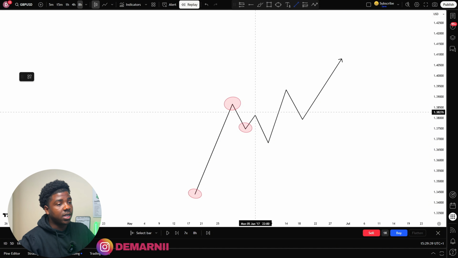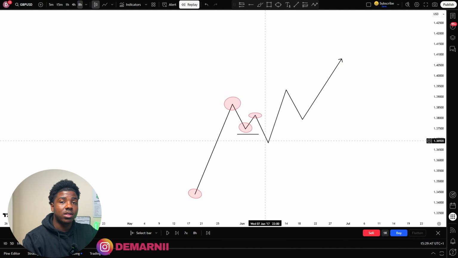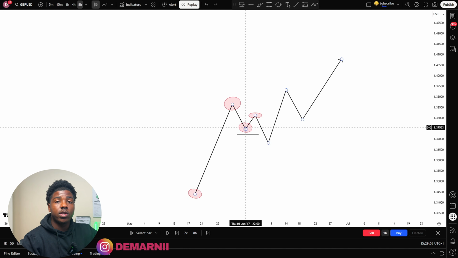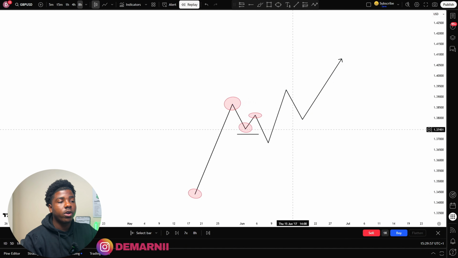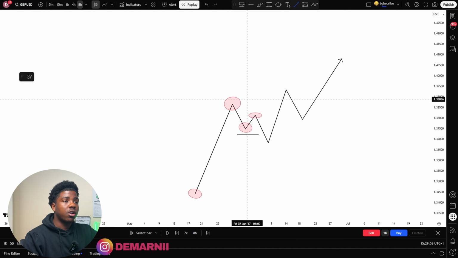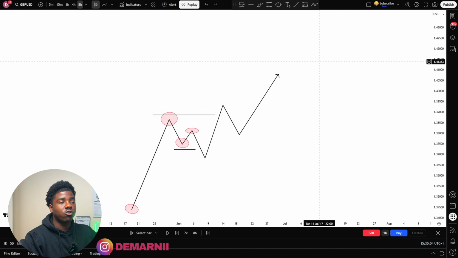But what actually happened is we had a small move up and then we had a change of character and we broke this structure level. So this is now bearish characteristics. But because this is only a minor structure level and it's only created a minor move, we start pushing back up and we break this major highest high from our original move.